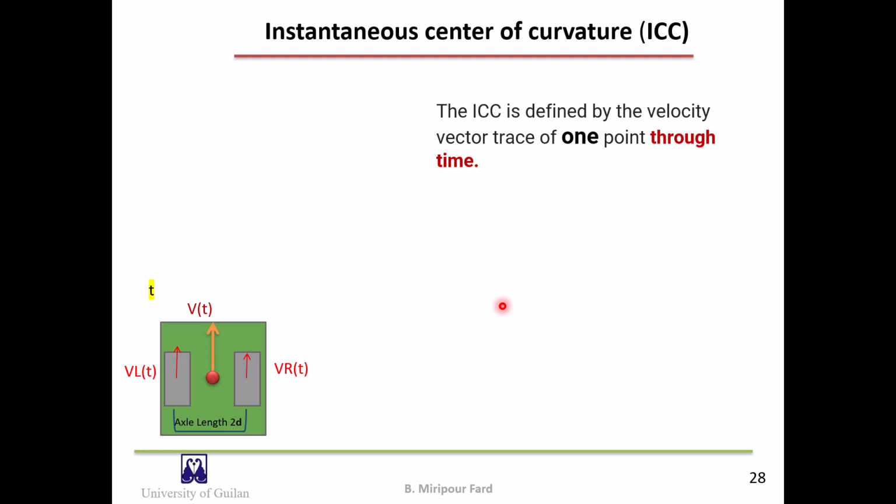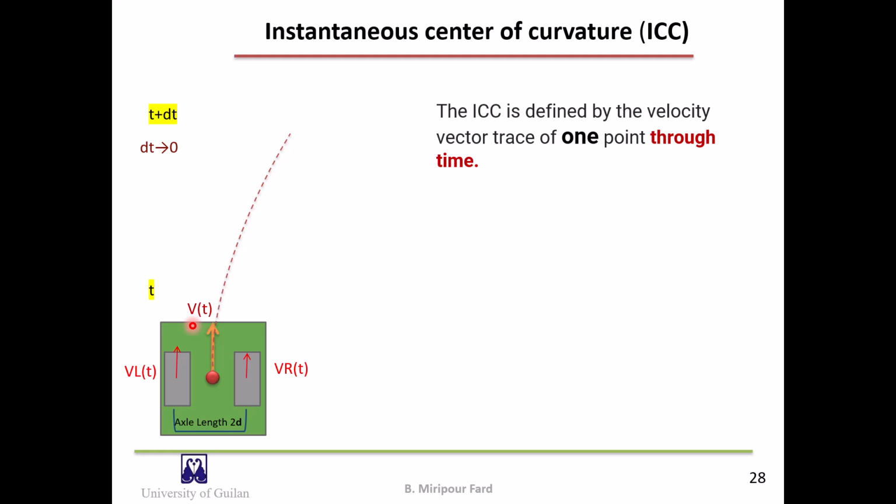Now let's see what the instantaneous center of curvature is and how it differs from the ICR. The ICR is defined by the velocity vectors of 2 points at one instant. In contrast, the ICC is defined by the velocity vector trace of 1 point through time. Suppose that the velocity of the center point of a diff drive robot at time t is denoted by v of t, and this point moves on a trajectory for the duration dt.